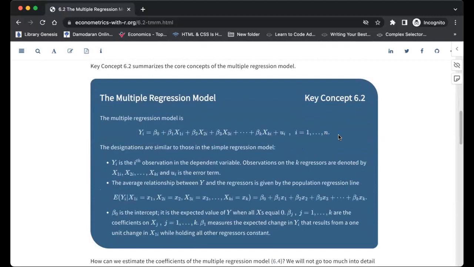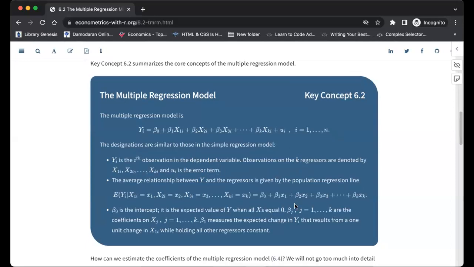The designations are similar to those in the single regression model, where the ith observation is the dependent variable, observations on the regressors are denoted by x1i, x2i up to xki, and u is the error term. The average relationship between y and the regressors is given by the population regression line, which is this.